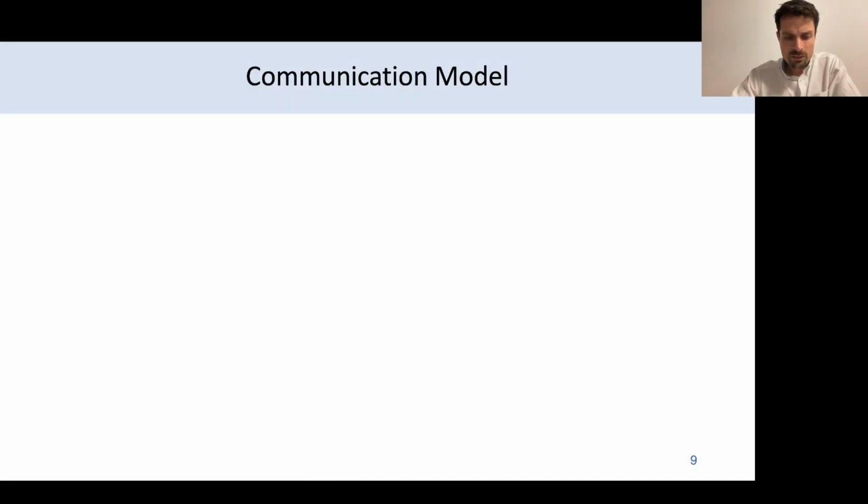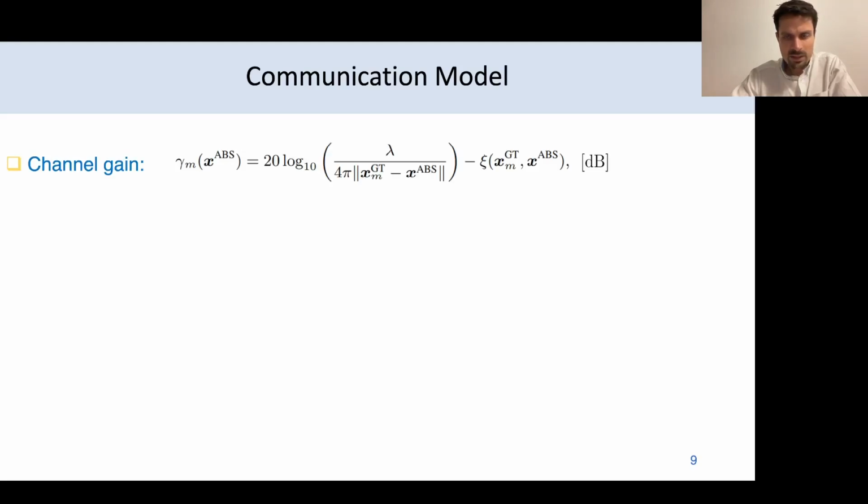So to be able to formulate the problem, let me briefly introduce some notation. The channel gain, as I said earlier, is assumed to be composed of a path loss term and a shadowing term. So here this denotes the position of an arbitrary ABS.